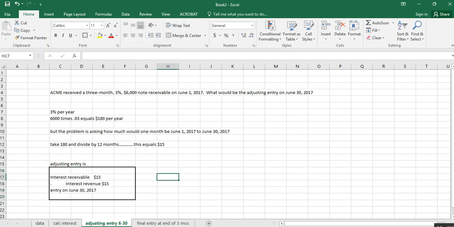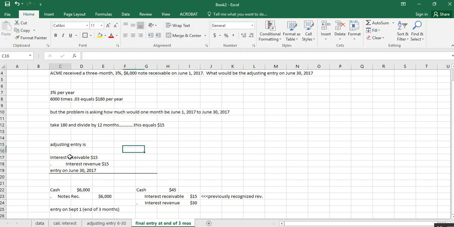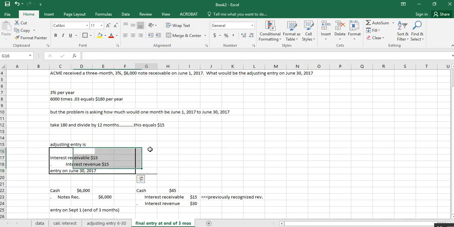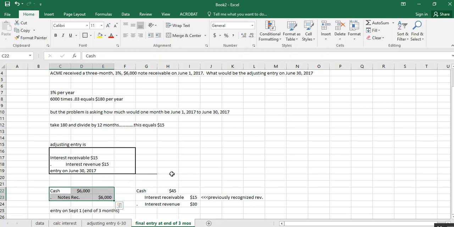Knowing me, we're not going to stop there. Let's look at the final entry, the entry we would make at the conclusion of 3 months. Well, this entry we already made, because this is the June 30th entry, so we're done with this one. However, in 3 months, this is a 3-month note. We collect our cash for $6,000, so there's our cash coming in. That's to satisfy the note amount.